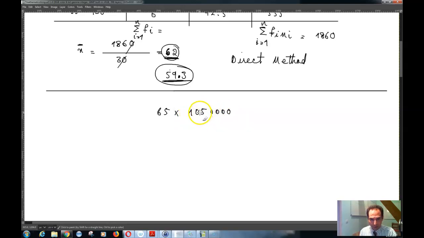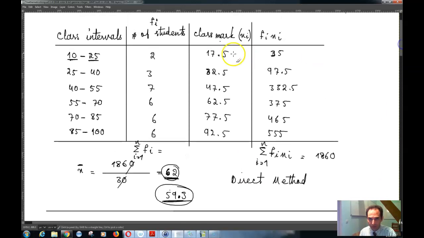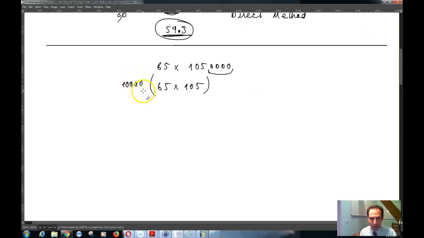So of course you can write this calculation as 65 times 105, and then once you do this part of the calculation, you can multiply everything by a factor of 10,000. And suppose that this factor of 10,000 is common between all the numbers that you could find in the class mark. Then you take this factor of 10,000 out.